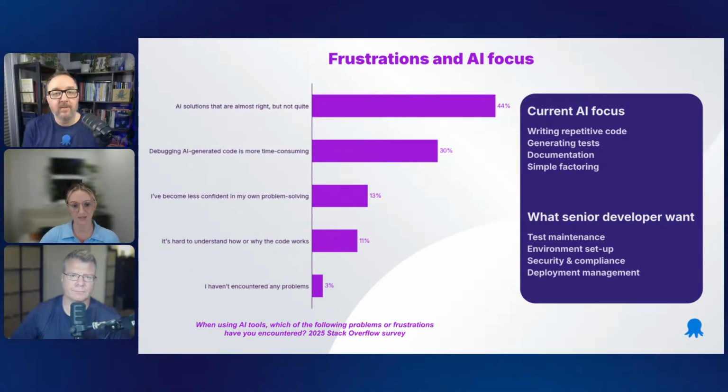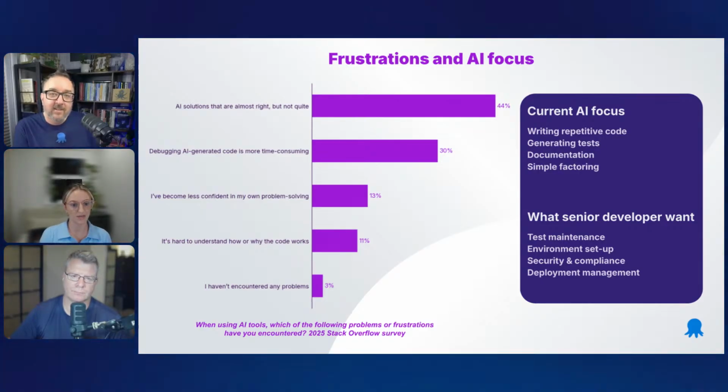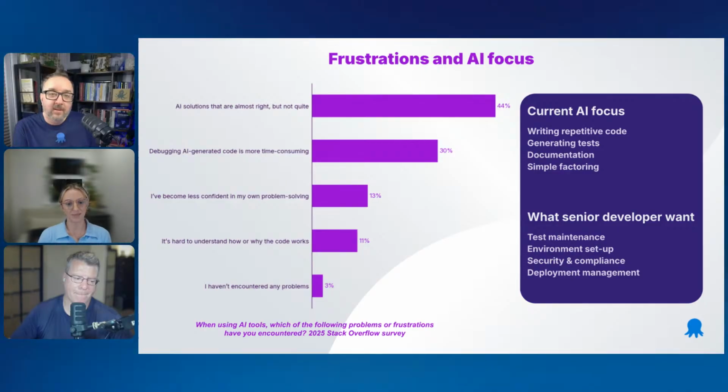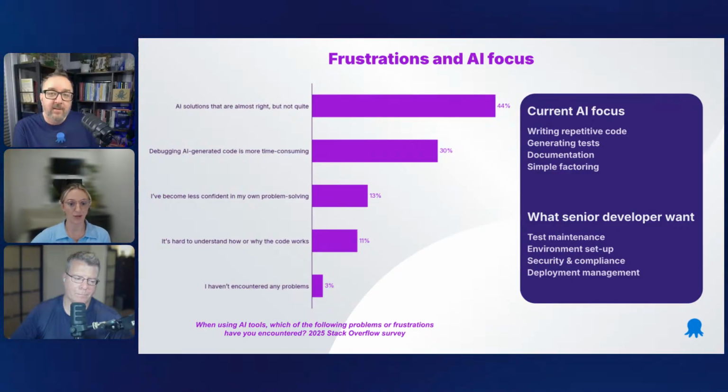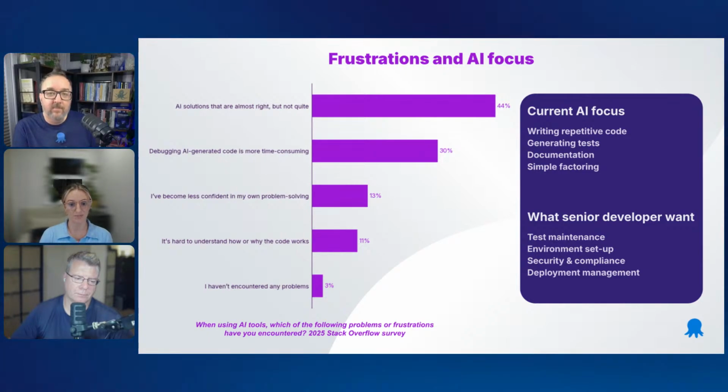It's only 13%, but I mean, 13% is pretty big if 13% of people are questioning their own problem solving after using AI. So again, that points to perhaps how we are using it, what we are using it for, whether or not it maybe needs to be used for some things. We could talk about this graph for ages.